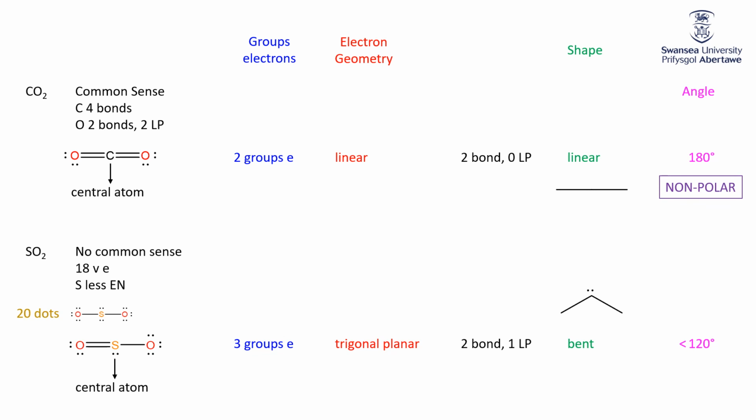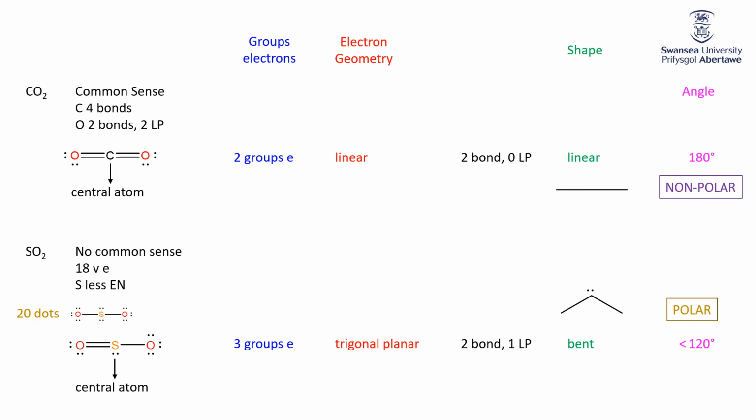Now, any time that you have polar bonds attached to a central atom and a lone pair, that lone pair is going to distort the geometry. And unless the lone pairs cancel out, the molecule is going to be polar.